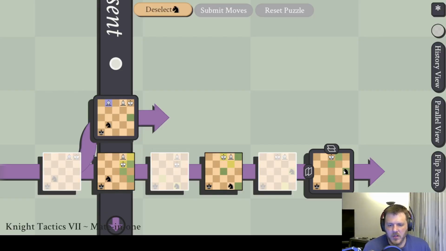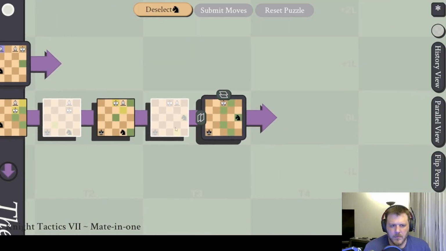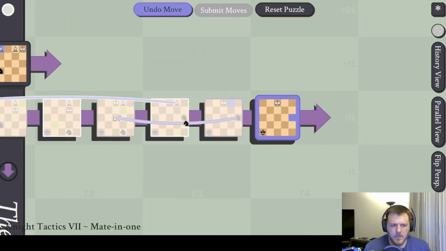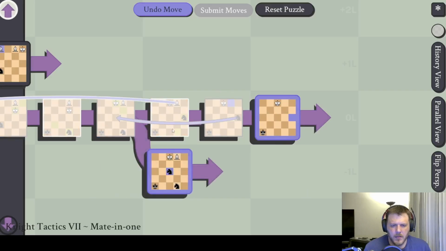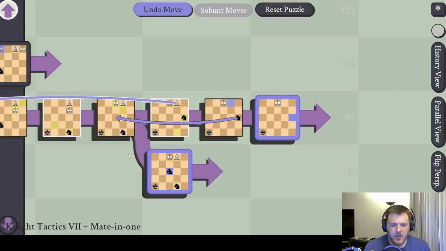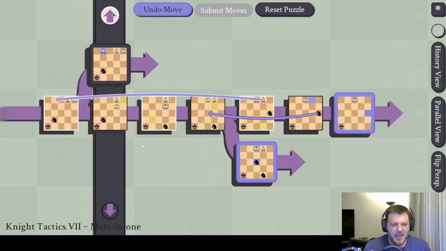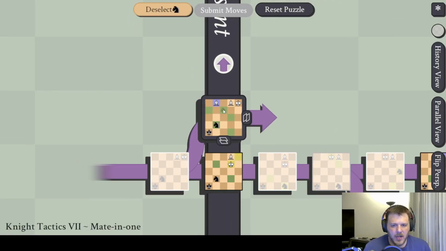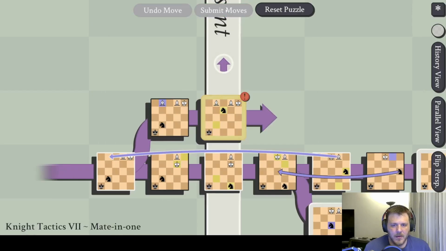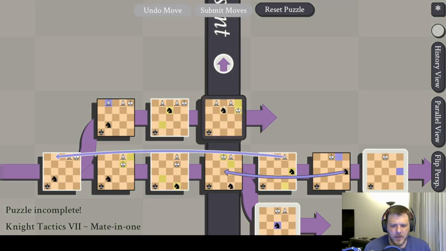Am I allowed to move this one? So that's a check there. He can't do anything about it. But that's all well and good, but I just need to survive here. So I think like this. But yeah, if we got up here, it'd be a checkmate.